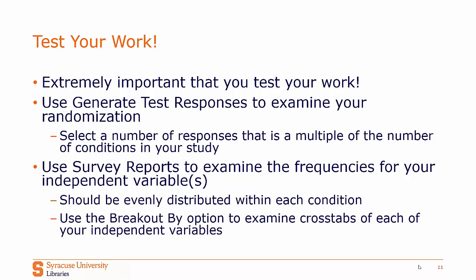In our particular example here, there are 4 experimental groups, so you want to pick something like 40, or even better, 100. You can then use survey reports to examine the frequencies for your independent variables. These should be evenly distributed within each condition, and you can use the breakout by option to examine crosstabs of each of your independent variables.